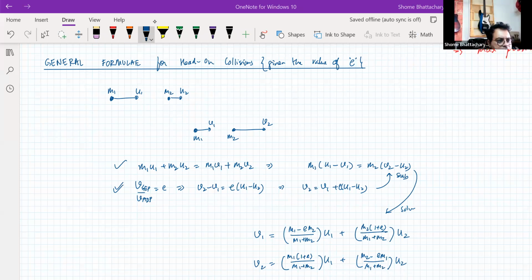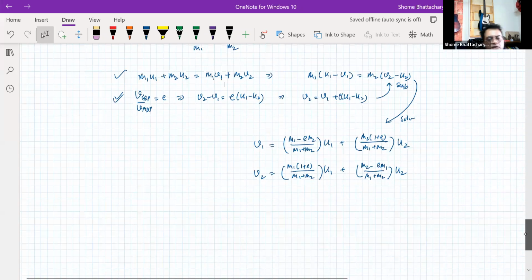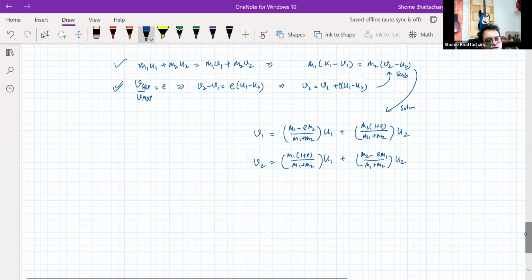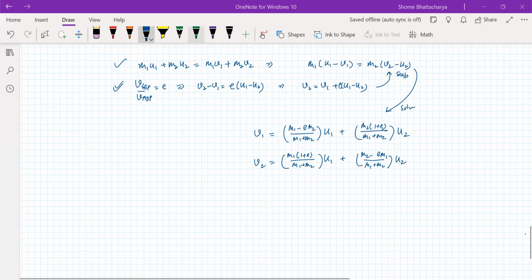Okay, so let us look at, yes, the formula is for the final velocities v1 and v2 in terms of the initial velocities u1 and u2, and of course the coefficient of restitution also. So let's understand some of the special cases that we can analyze using these formulae.